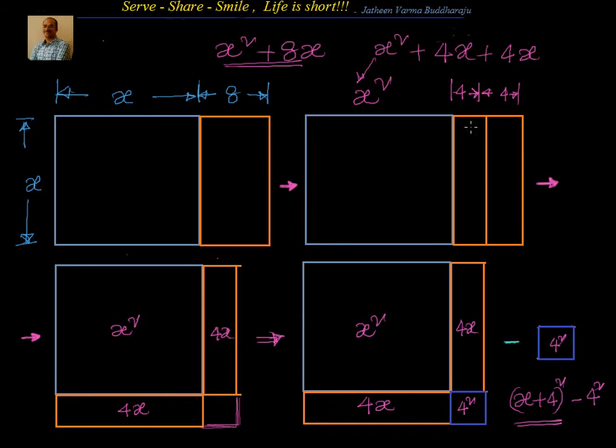Now we are rearranging that to the bottom. So we can see now, to make it x plus 4 whole square, I need this part to be filled up. Now I don't have that part, so I will add it. Then afterwards I will subtract it. This is called the completing the squares method.